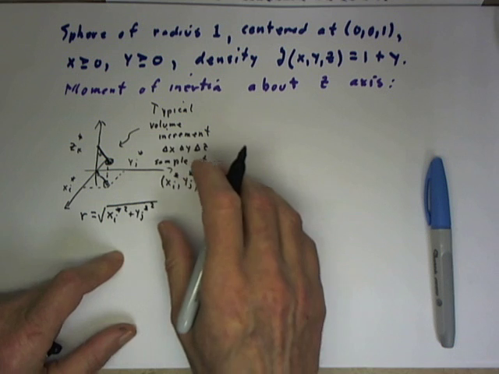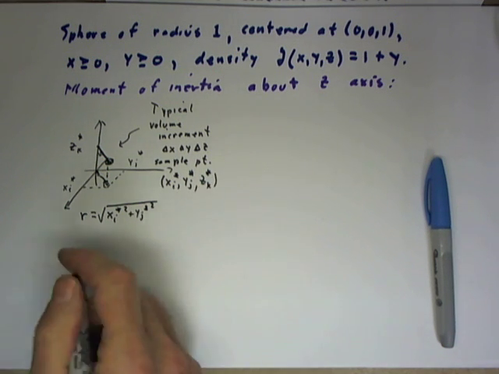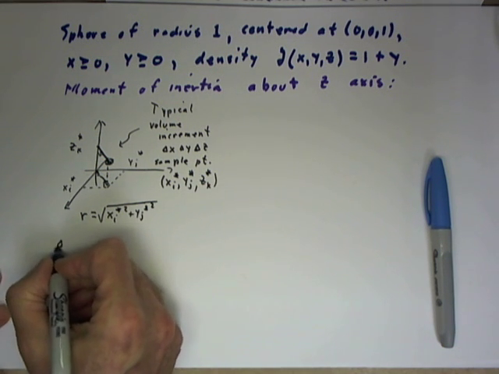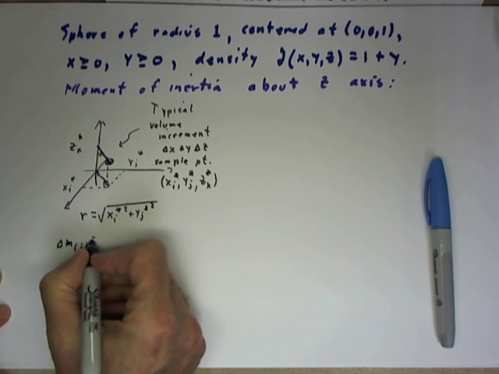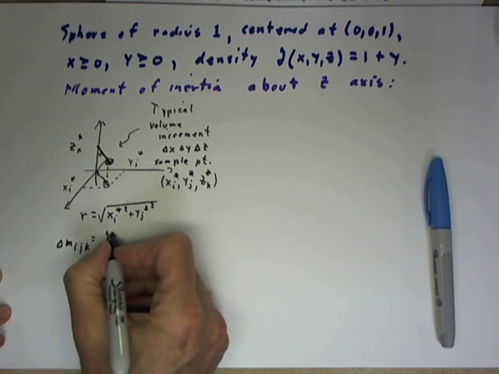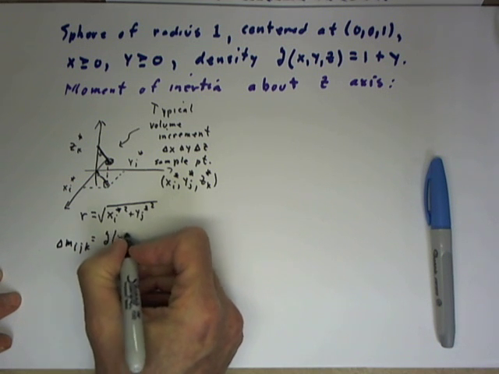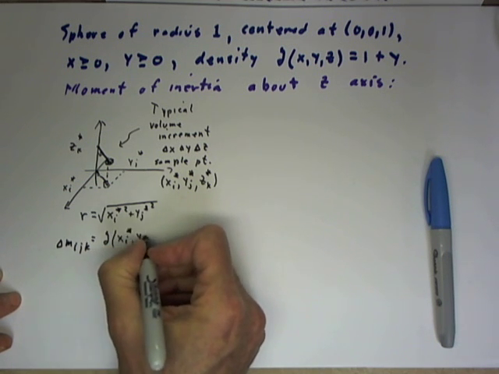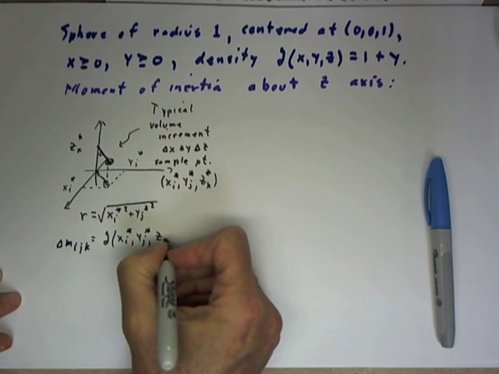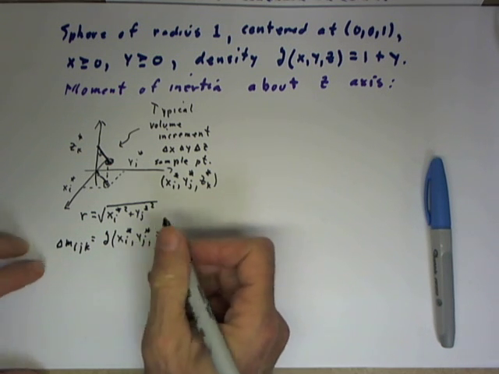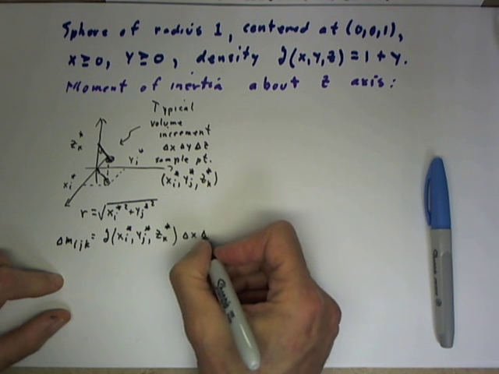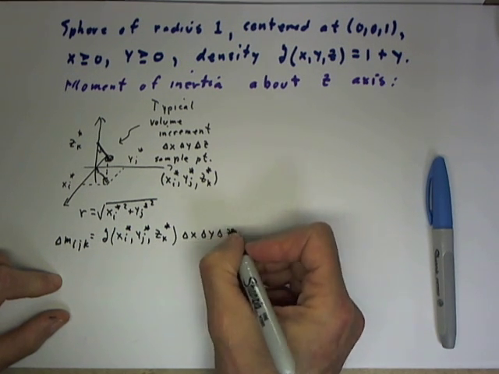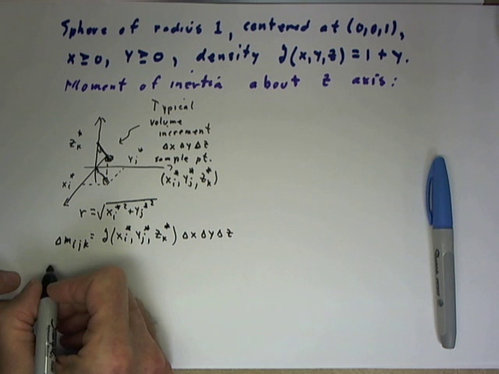So the mass of the increment, call that delta m ijk if we wish, is simply delta of xi star, yj star, zk star, multiplied by delta x, delta y, delta z.